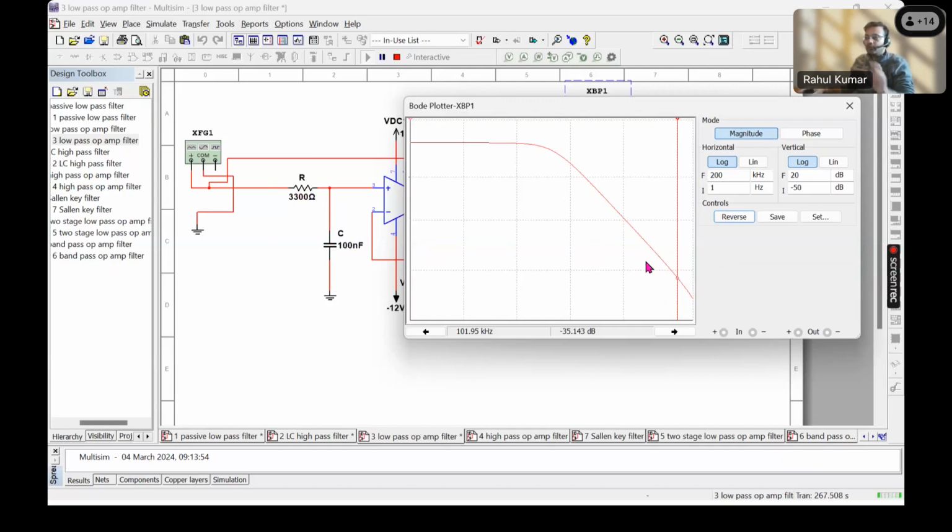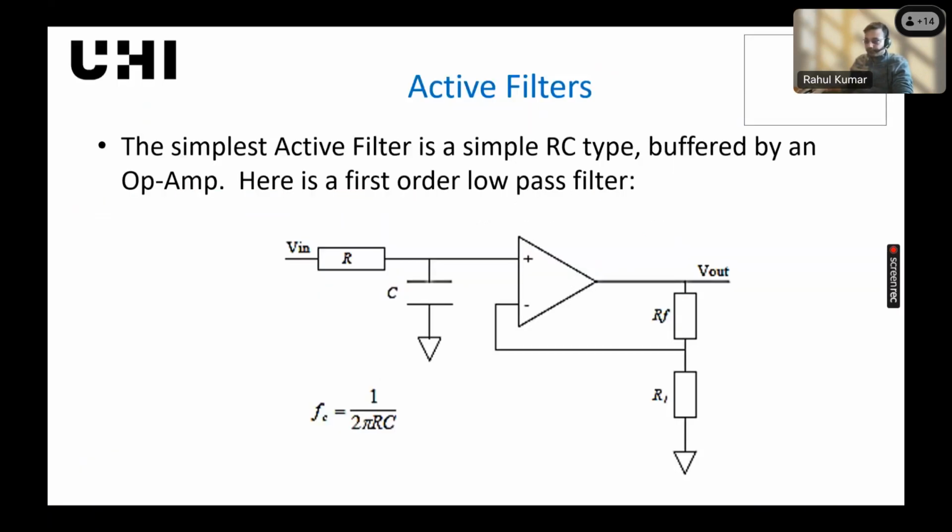The slope for a single pole filter will always be minus 20 dB per decade, or minus 6 dB per octave. That's what we are getting here.